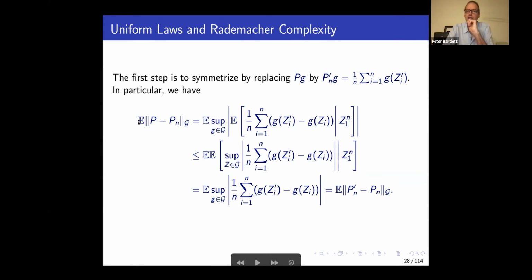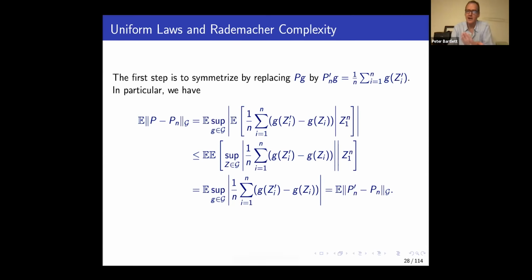So I've just rewritten the expected maximal deviation between expectation and sample average by rewriting the first term, the expectation, as a conditional expectation over this new sample. And then the inequality here is just Jensen's inequality.